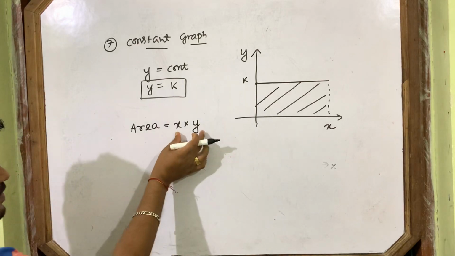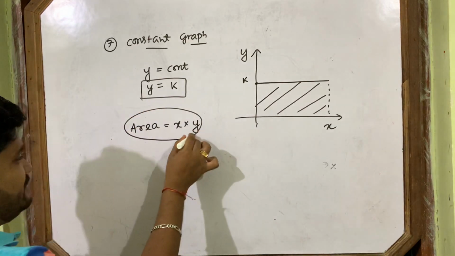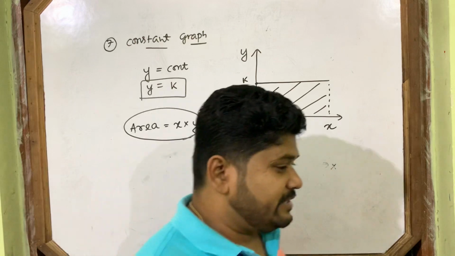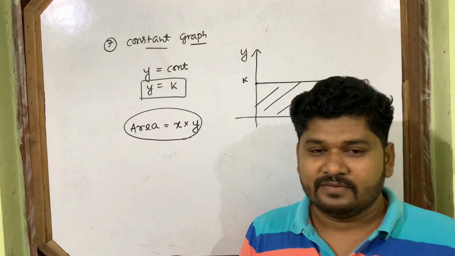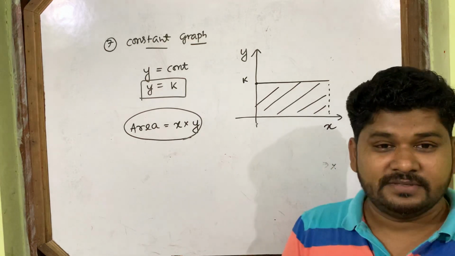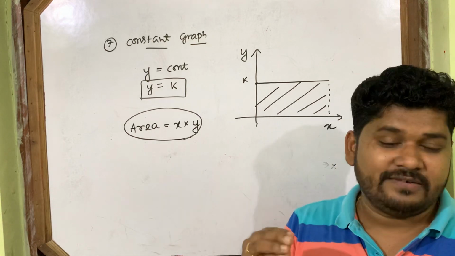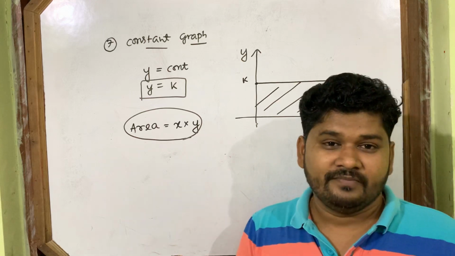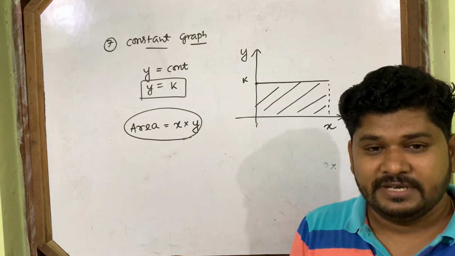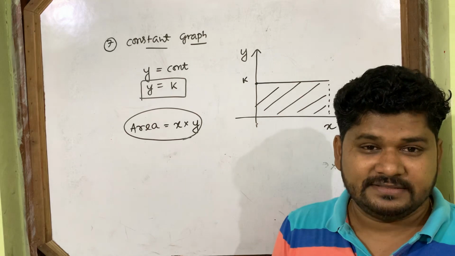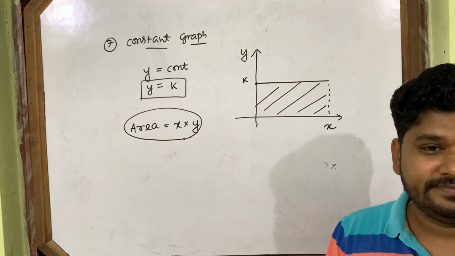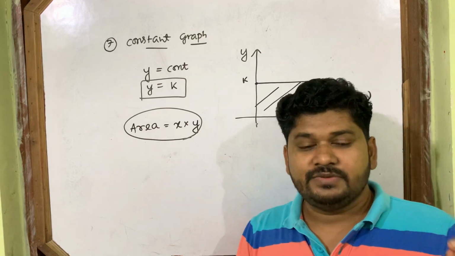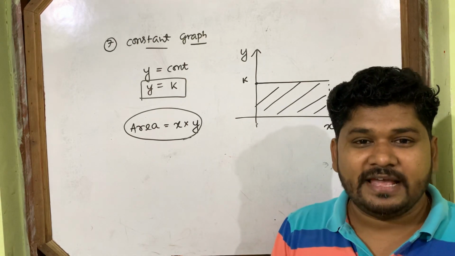So x into y. This is very important, and you use it everywhere in physics. Whenever any graph is given and area is asked, just do area is equal to x into y.